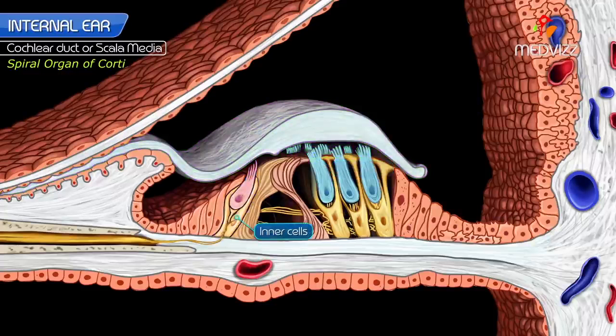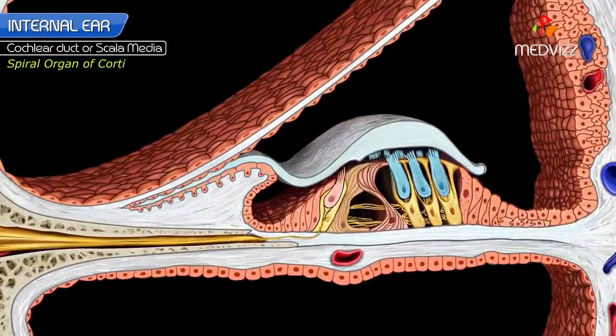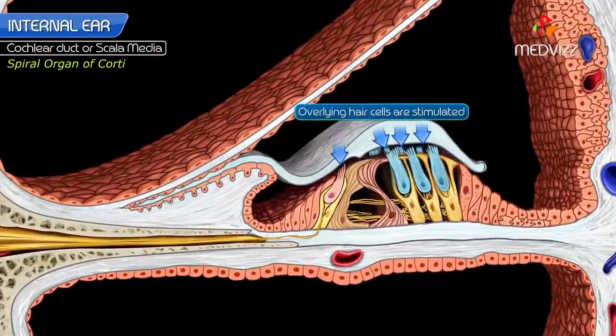The inner cells are flask-shaped and are arranged in a single row, while the outer cells are cylindrical and are arranged in 3 or 4 rows. When sound vibrations pass from perilymph of the scala vestibuli to the perilymph of the scala tympani, the basilar membrane bulges and the overlying hair cells are stimulated.